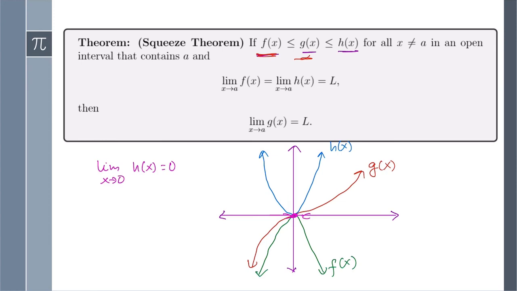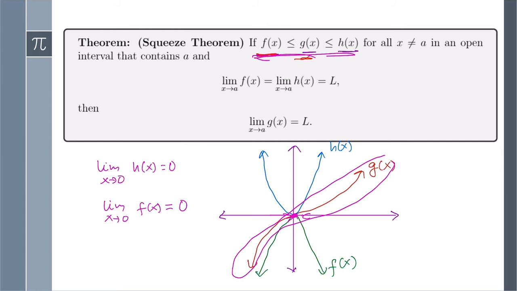Similarly, the limit for the lower bound function, f of x, as x approaches 0 equals 0 as well, because it goes right here. Now, even if we don't have this function g here, if we know this inequality holds for those three functions, just looking at these two, I can conclude that the limit as x approaches 0 of g of x must be 0 by the squeeze theorem.